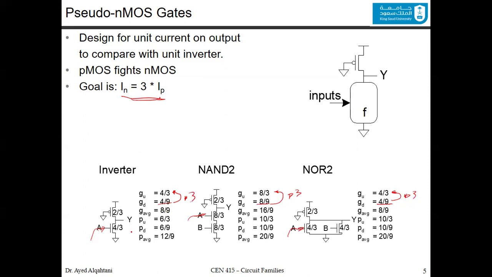Now, for the parasitic, we look from the output point of view. And the output is 2. You have two capacitances here that you need to worry about, 2/3 and 4/3. So the summation of these is 6/3, and then you divide it by 3 to get the parasitic, which is 6/9.